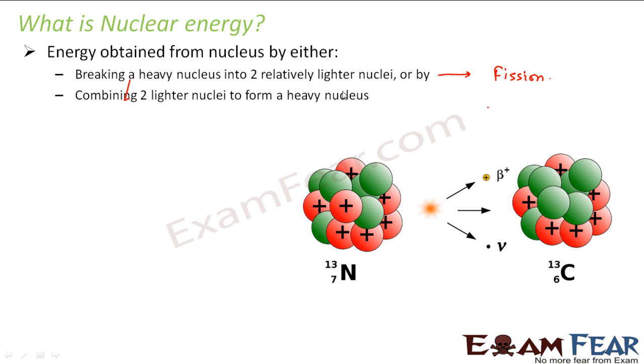In this process also a large amount of energy is released, and this process is known as fusion. The term fusion itself means mixing of different things. So when two nuclei mix together, that is fusion. Similarly, fission means something breaking up. When a heavier nucleus breaks into lighter nuclei, that is called fission.